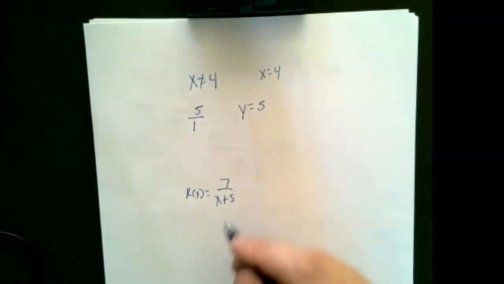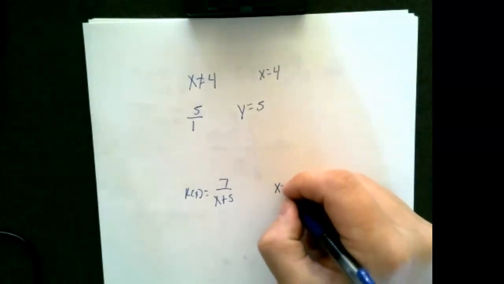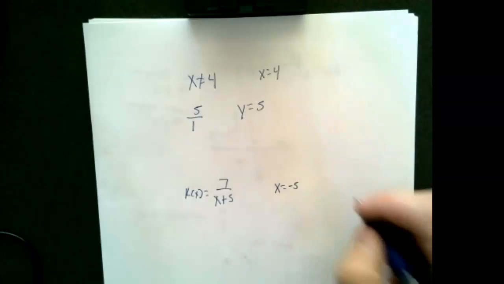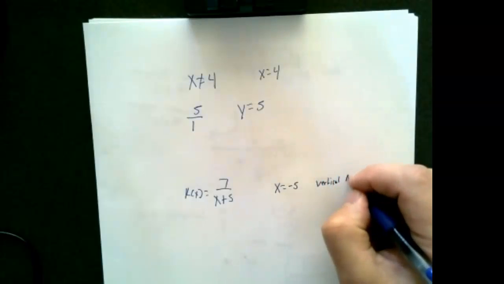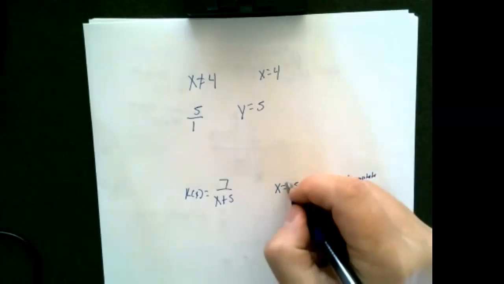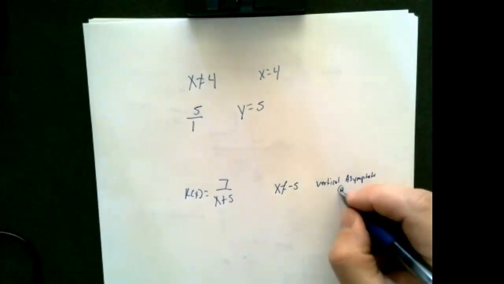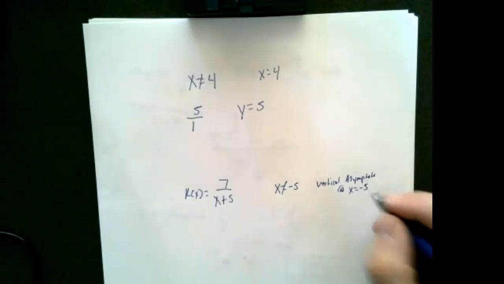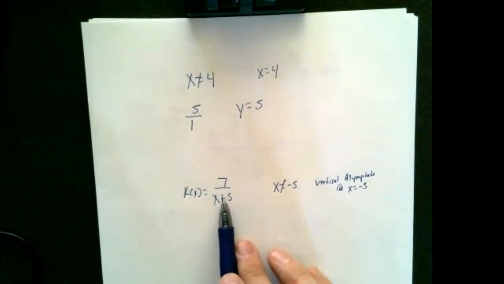The one number that does that is -5. So x can't equal -5. That's where we have a vertical asymptote. And that is the only limit to our domain. All other numbers that we plug in, we're going to be okay.